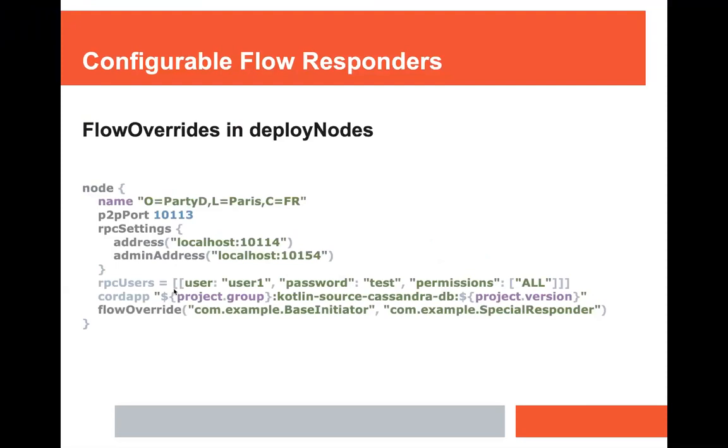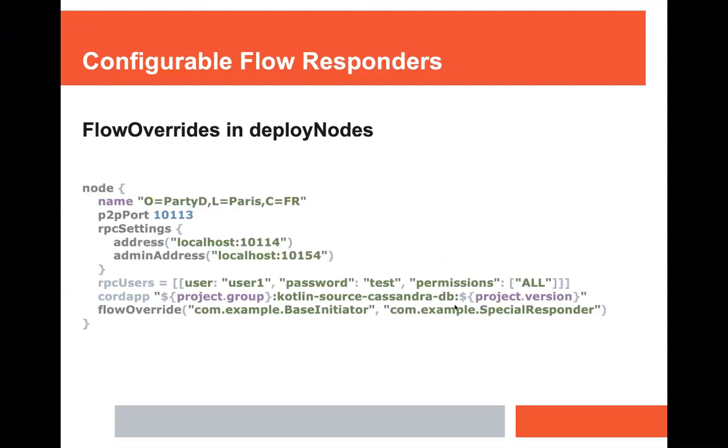There's a new method available in the more recent versions of the Gradle plugins, where you specify your initiator and your responder, and that will generate the node config for you. That's really it. It's nothing fancy, but it does allow customers to have actual Corda apps.